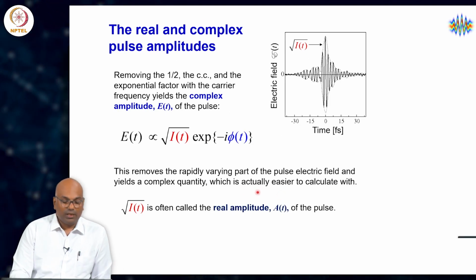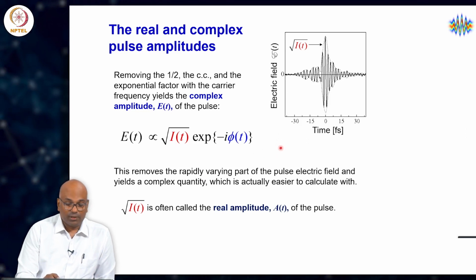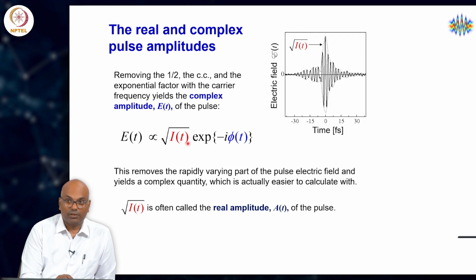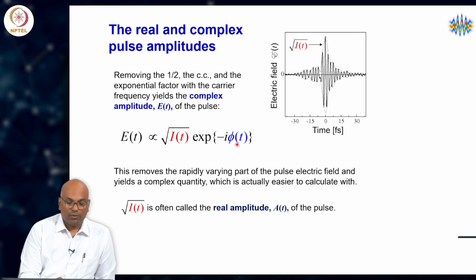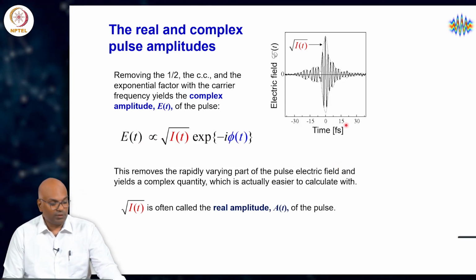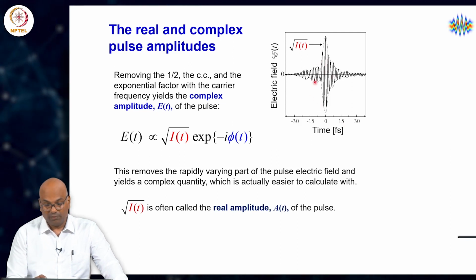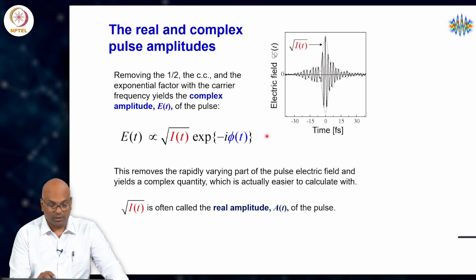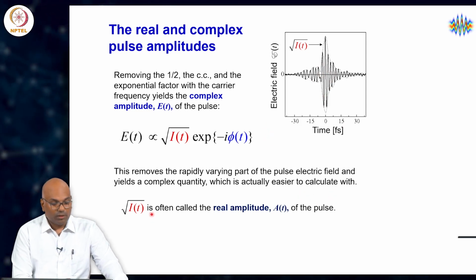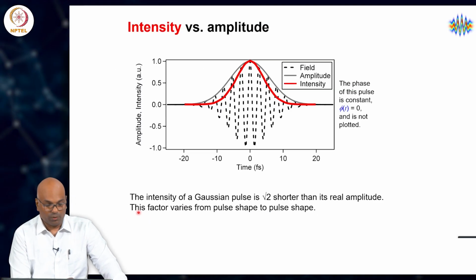We can club the terms other than the carrier frequency term omega naught into a complex amplitude E of t, which is the square root of I of t and e to the i phi of t. Essentially we have removed the fast varying stuff underneath the envelope, that is the carrier oscillations are not present in the complex amplitude, but everything else is, and from this the real amplitude can further be filtered out as the square root of I of t.